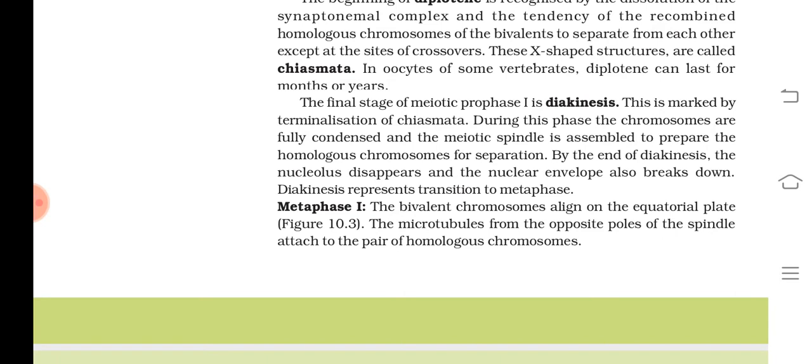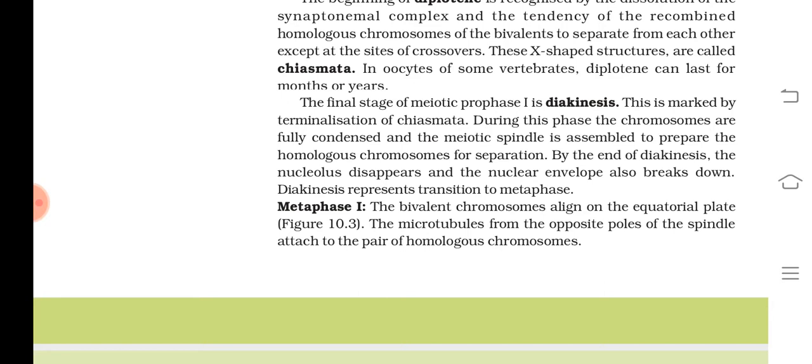What we can see in this meiosis, which is different from mitosis, is the homologous chromosomes. What are homologous chromosomes? The chromosome pair which has the same size and shape, and carries the genes which control the same type of characters.